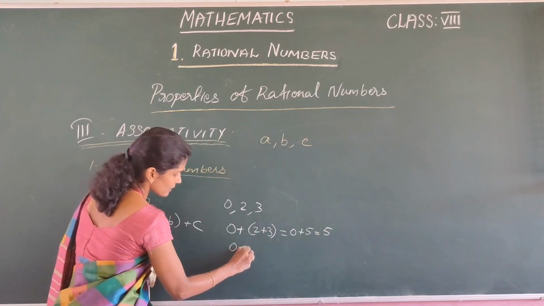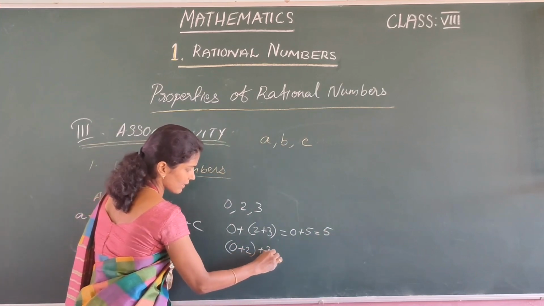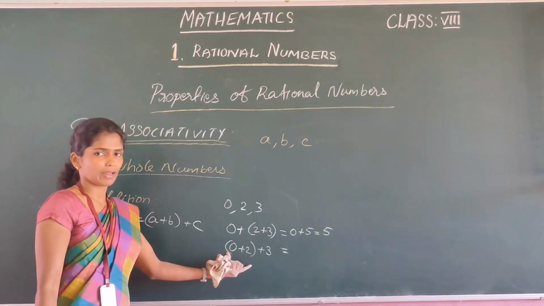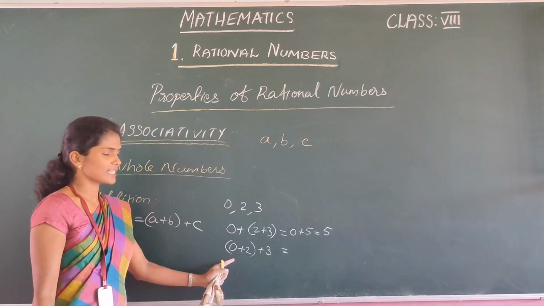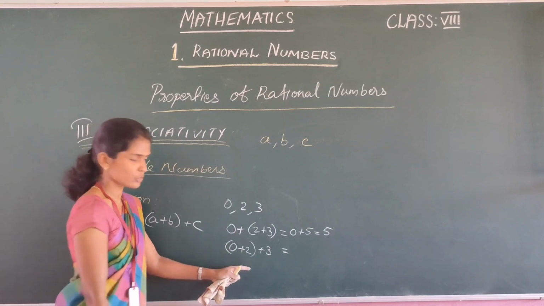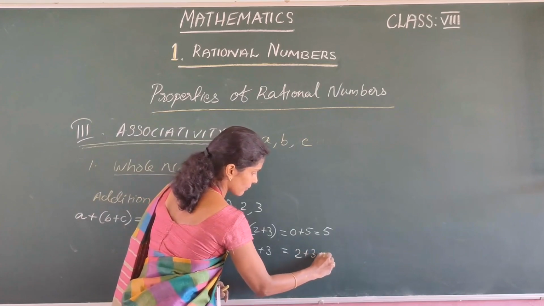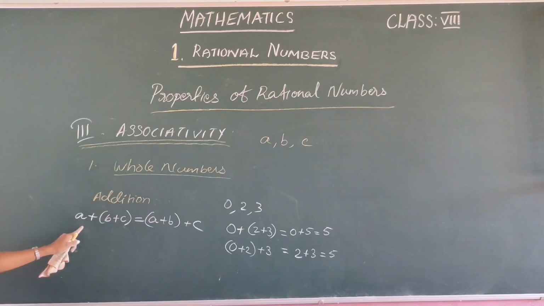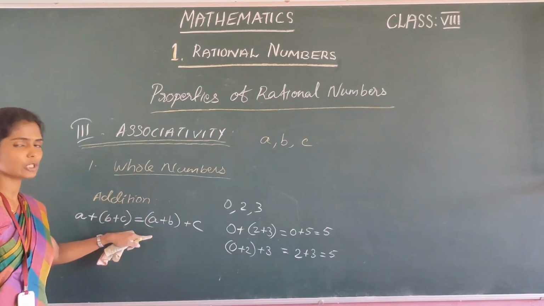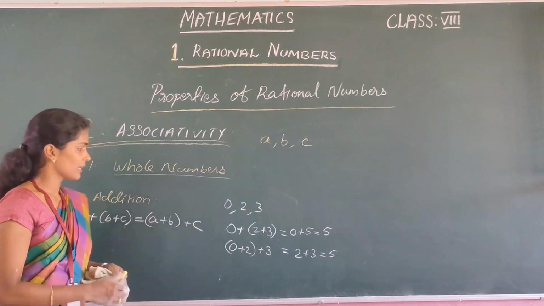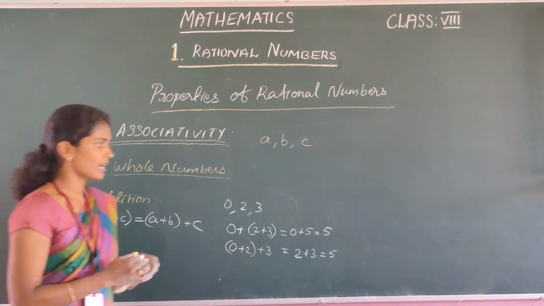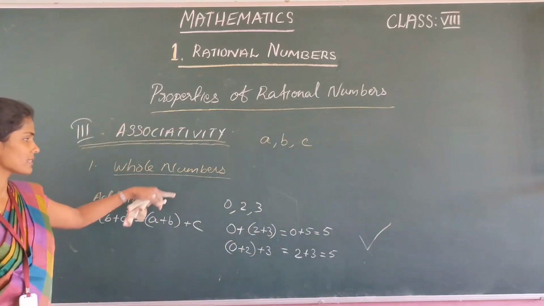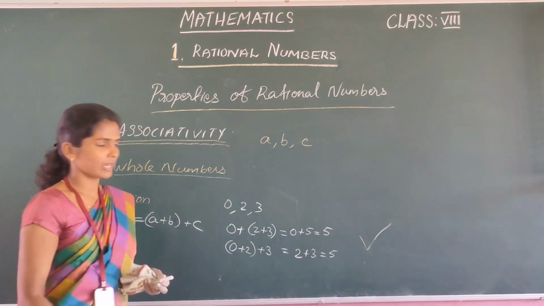Then (0 plus 2) plus 3. 0 plus 2 inside the bracket, so solve that first. 0 plus 2 is 2. 2 plus 3 is equal to 5. That means a plus (b plus c) equals (a plus b) plus c. Therefore, in the case of whole numbers, addition is associative.